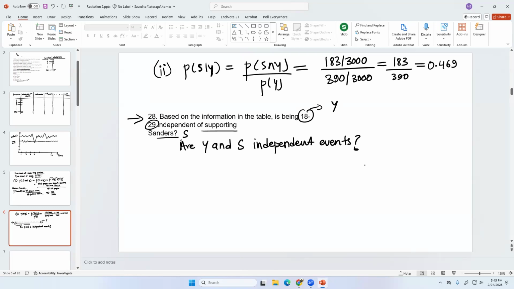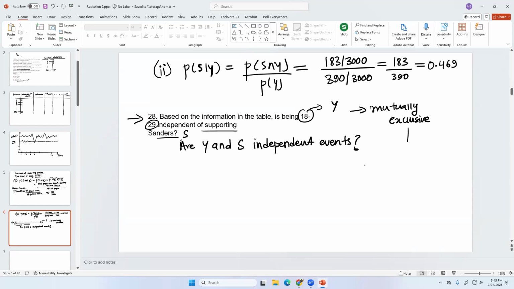So how do you check for independence? How do you check if two things are independent or not? Anybody? That's mutually exclusive. So yeah, let me write that down too. Mutually exclusive and independent events are two different things.